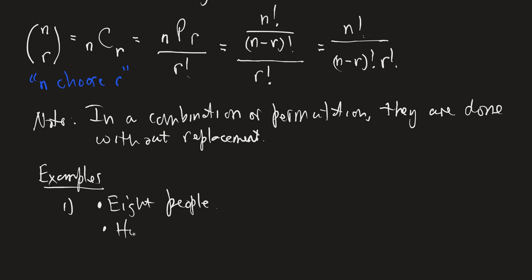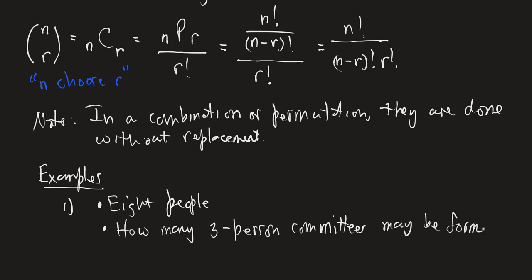So how many 3-person committees may be formed, right? And again, if you think about the scenario, you have 8 people, and you're essentially choosing 3 out of the 8 to represent the full group.